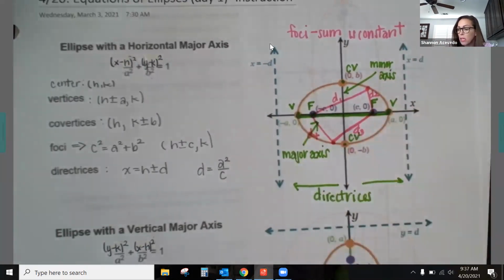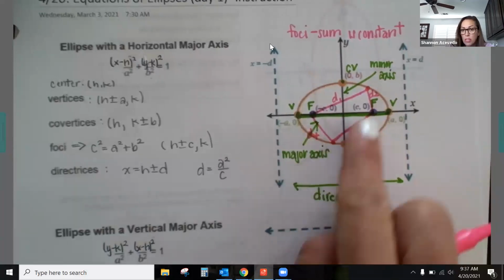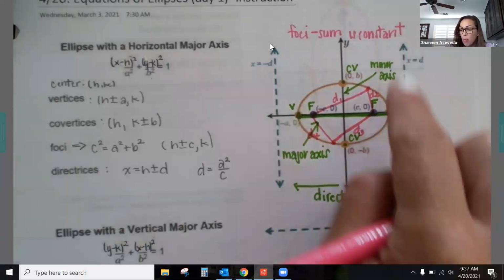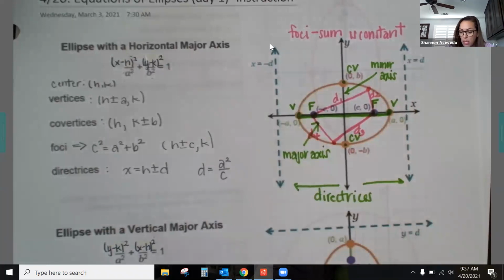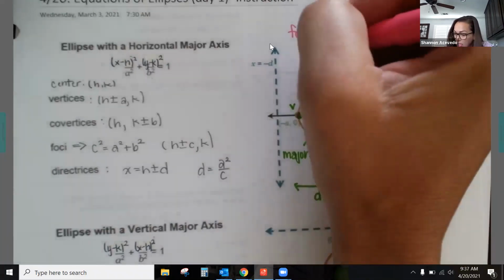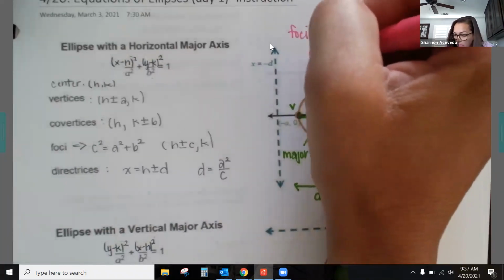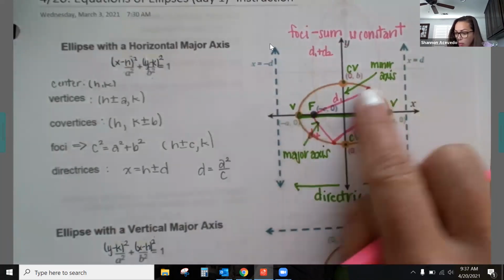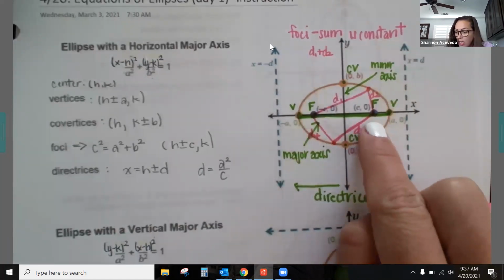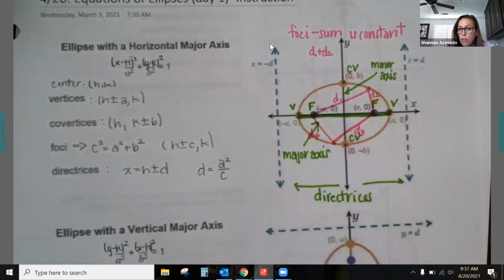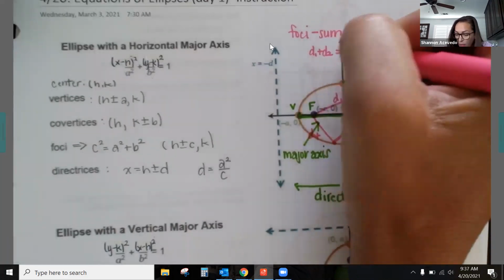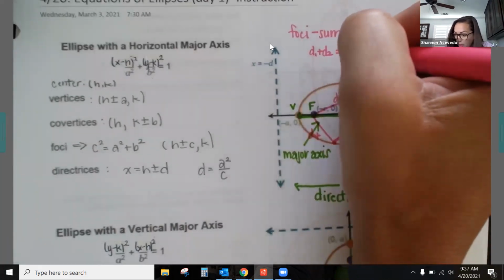They always have to be equal. The sum of the lines to any point on the ellipse has to be equal. In other words, this D1 plus D2 has to equal the sum of these two, and that's true for any point, from your foci to your other foci.